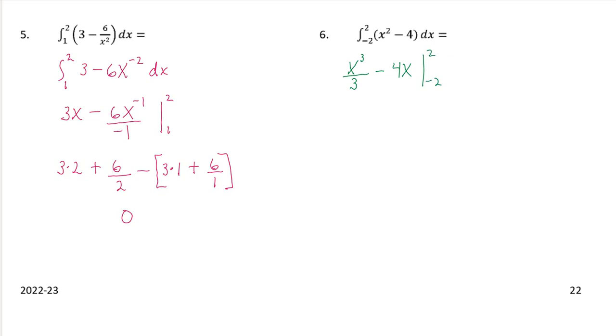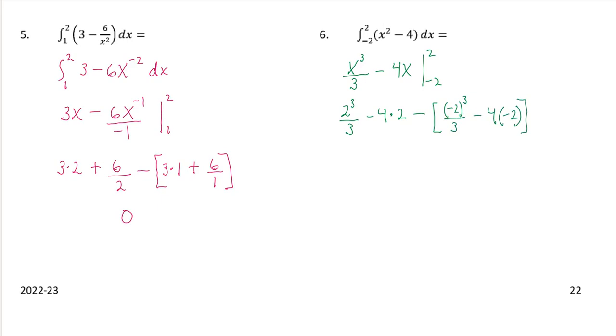All right, so starting with 2, this would be 2 cubed over 3 minus 4 times 2. Minus, and then again, don't forget your parentheses, negative 2 cubed over 3, minus 4 times negative 2.